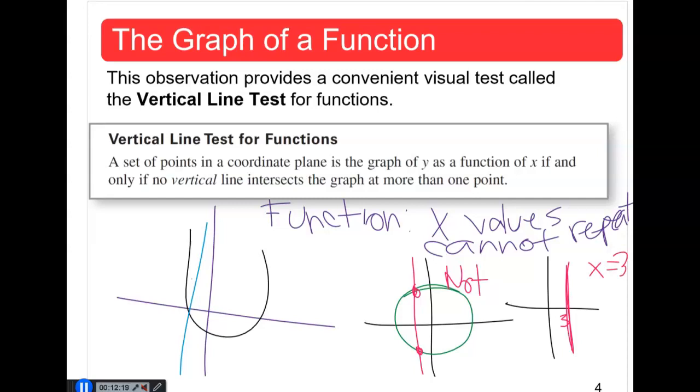And so if we use the vertical line test to test if this is a function, it's going to be a big no. How many points are we touching here? Well, definitely more than 1 point. And in fact, we're touching infinitely many. All the points on the line are the ones that we're touching.